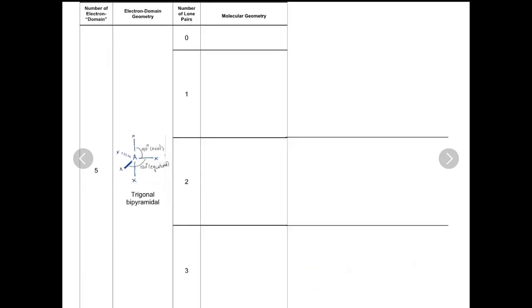However, it's not the same for trigonal bipyramidal, because the axial and equatorial positions make them different. If you place the lone pair on these X locations, there is going to be one specific location that is more preferable. So the lone pair must be added to the equatorial position, and here is why.